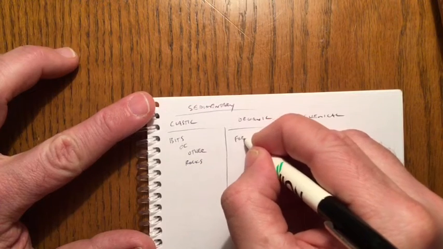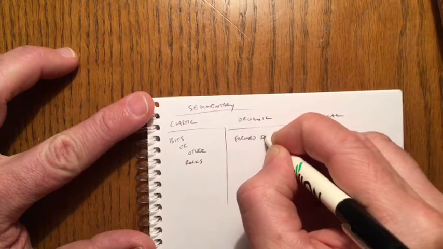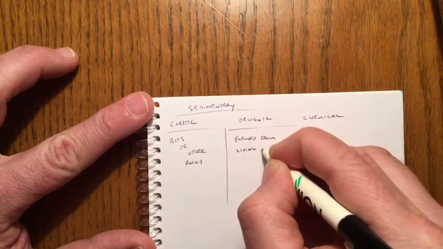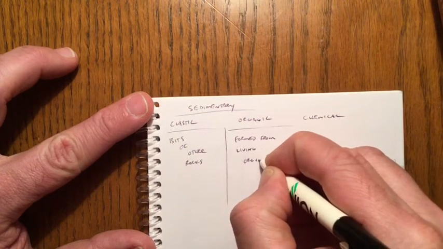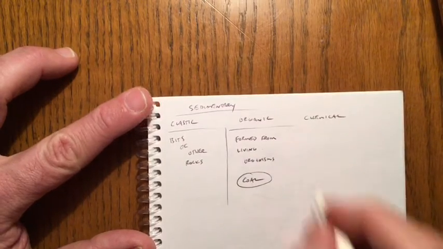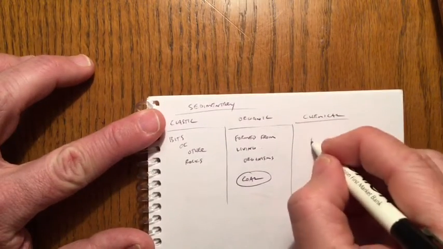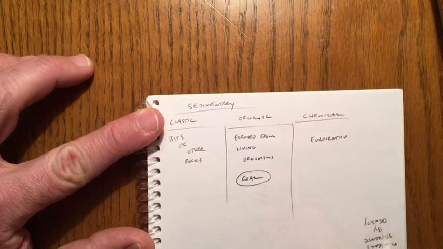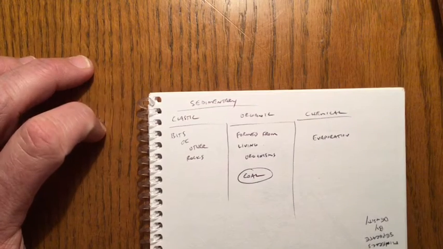Organic means formed from once living organisms like coal, and chemical is formed through evaporation, like the crystals we made in class.